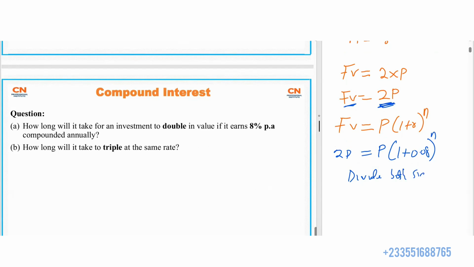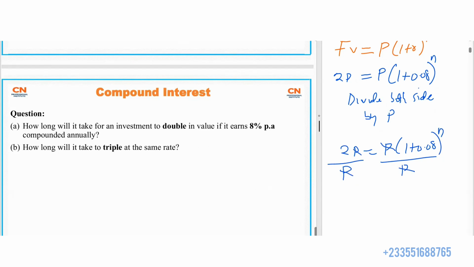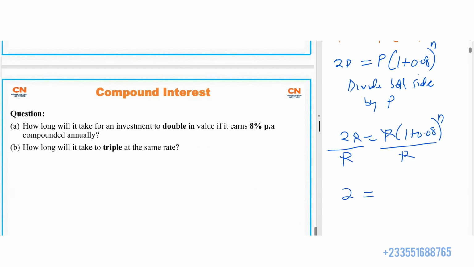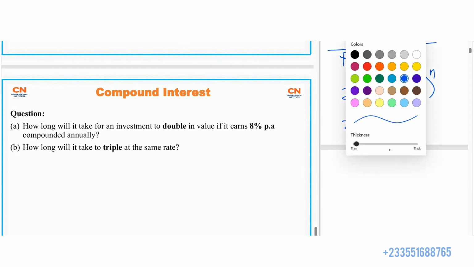So if you divide both sides by P, we have 2P equals P into bracket 1 plus 0.08 raised to the power N. This P cancels P. So you see I have 2 is equal to 1 plus 0.08 raised to the power N, and that will be the same as 2 is equal to 1.08 raised to the power N.